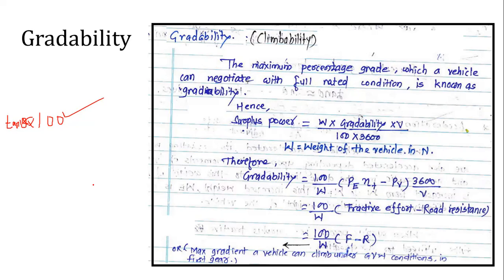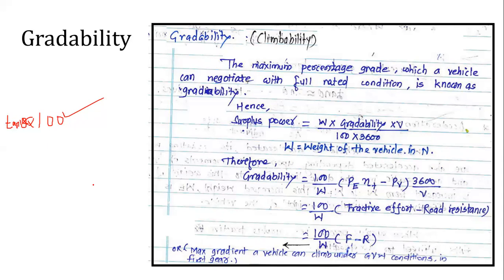Then some power is required to move that vehicle, and again based on the load additional power is required. So whatever power is required to propel the vehicle, and the additional power which is available to perform work, we are going to call it surplus power.